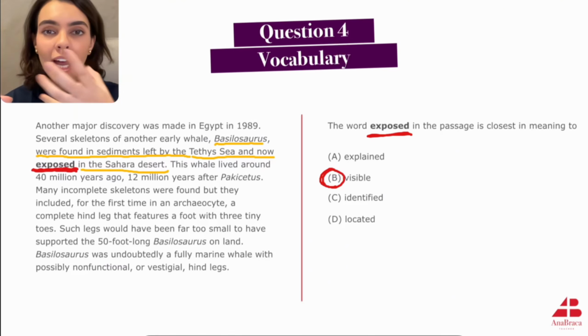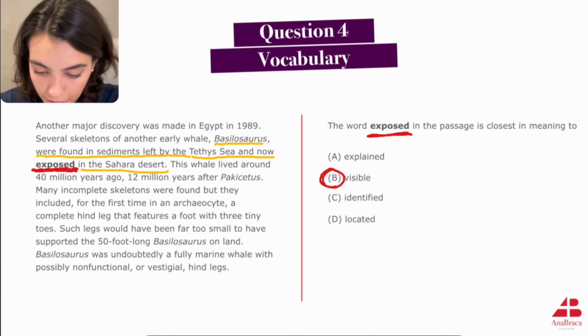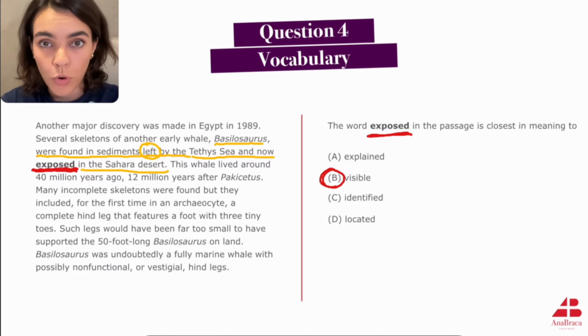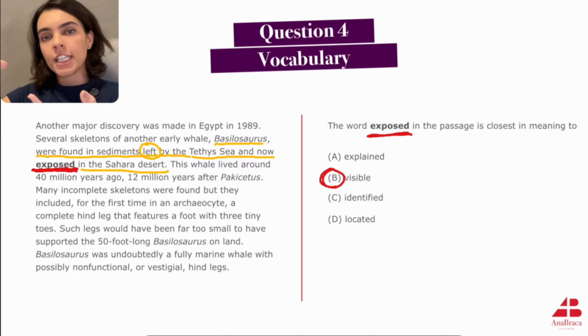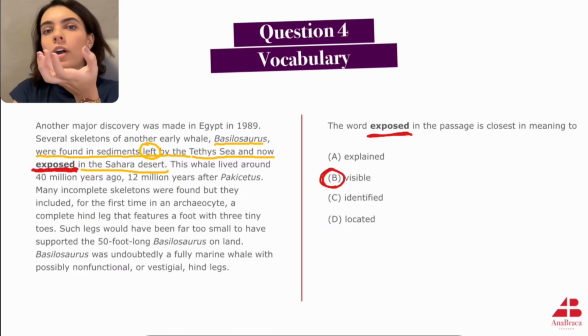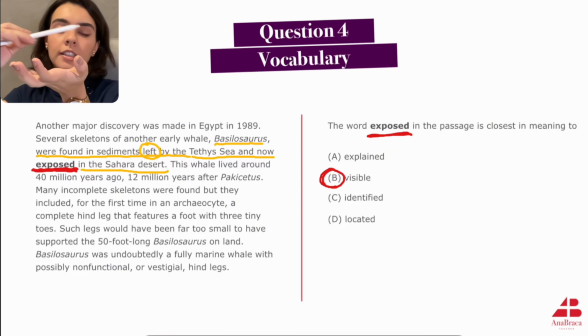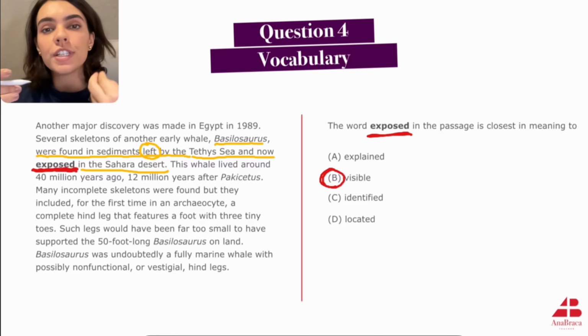Because in the past you had that sea that was left by the Tethys, so this sea doesn't exist anymore. The sea became the Sahara Desert and now it's exposed. Why? Imagine you have the sea here, the sea dried, and then we have the desert. So it's now exposed here. The fossil of the Basilosaurus is exposed, so it's visible.